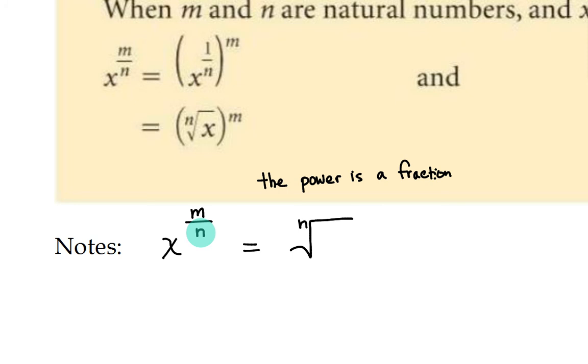The denominator of the fraction is the index on the radical. And then the x to the power m can just stay there. It doesn't matter which order you do it in. You can take the nth root of x and then raise it to the power m. It doesn't matter the order. As long as you get the nth power, or pardon me, the nth root, then you're good.